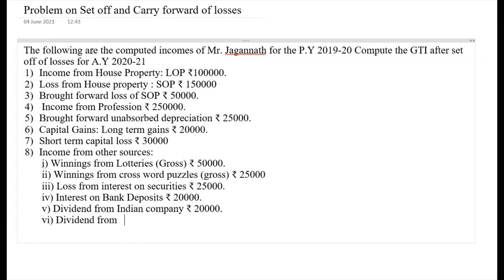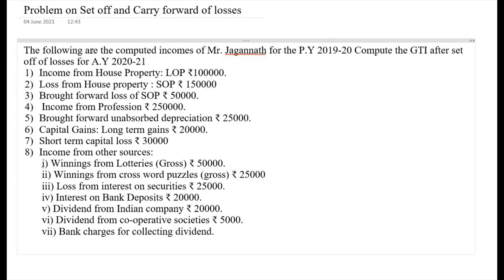Dividend from cooperative societies rupees 5,000. Bank charges for collecting dividend. So from these details we are required to compute the GTI.